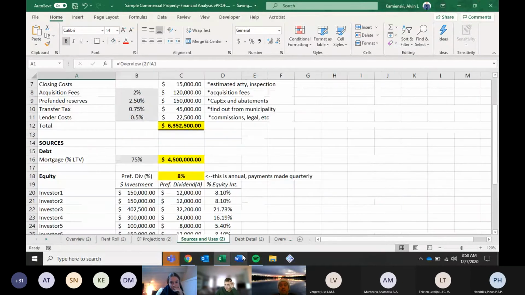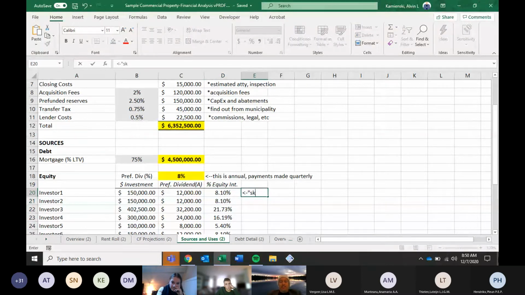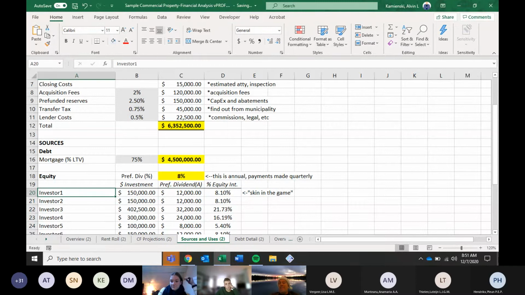Or, as you saw from the sources and uses, collectively, my partner and I are going to have a 16% equity interest because we, too, believe in the deal enough that we're going to put our own money in it. And we oftentimes call this skin in the game. It's a demonstration that we believe in the deal, so we have something to lose as well.